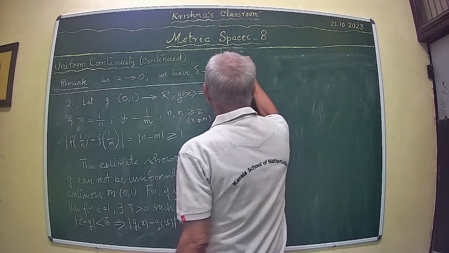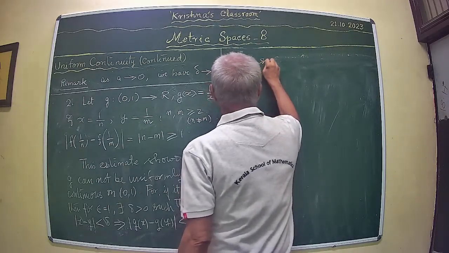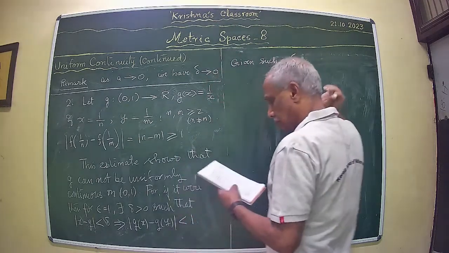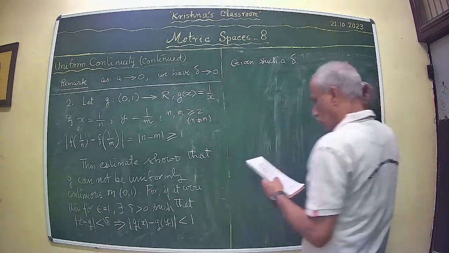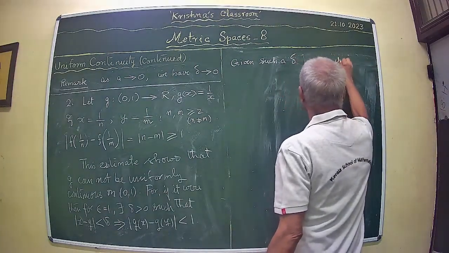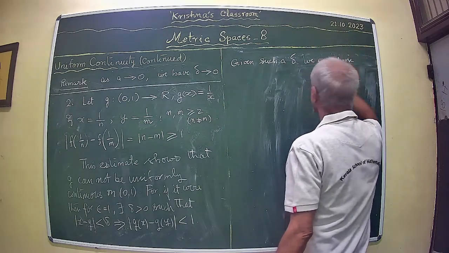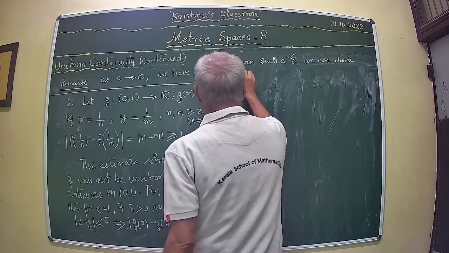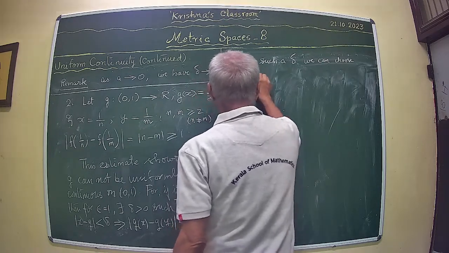Given such a delta, we can choose n greater than 1 by delta.